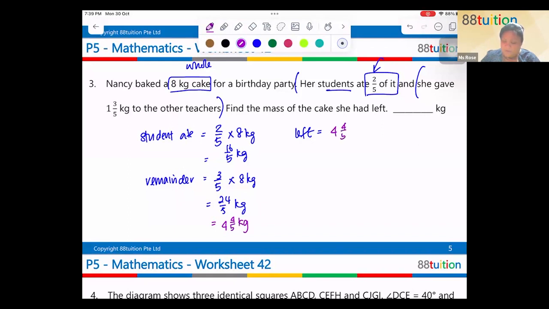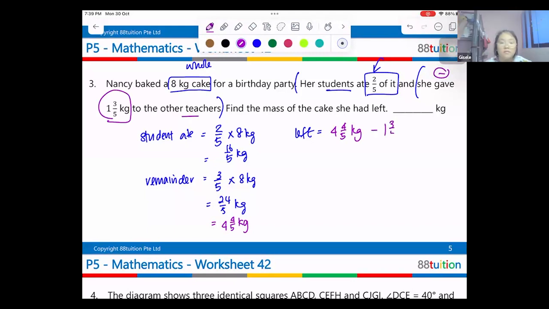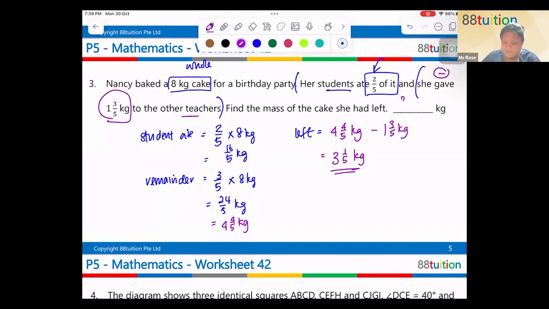Okay, so what's left? From this 4 out of 5 kg, she gave away this amount to the other teachers. Minus. So from here, I'll get 3 and 1 over 5 kg. Or you can do 8 minus 3 and 1 out of 5 minus 1 and 3 out of 5. Then you just straight away get the answer in 2 steps.